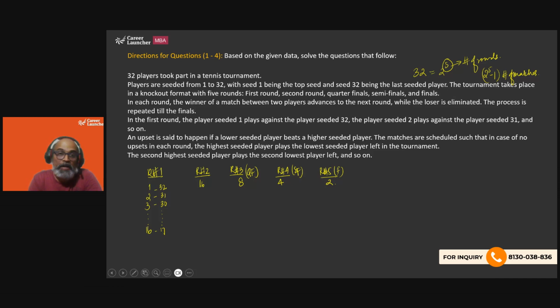Now, in the next round, 1 will play against 16 because 1 is the highest seeded, 16 is the lowest seeded. The second highest seeded player plays the second lowest player left, and so on. So, a very standard knockout tournament approach.